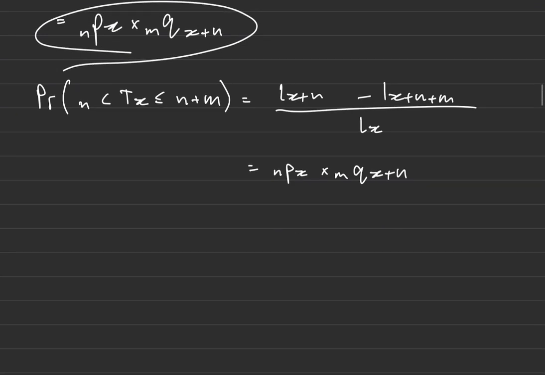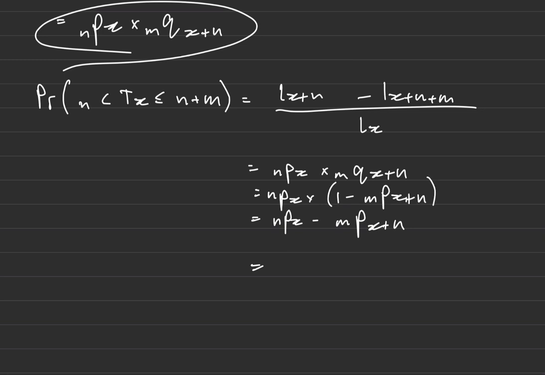Now, if I write mqx plus n as 1 minus mpx plus n, then, sorry, I skipped a step here, that was lazy, it would be npx times 1 minus mpx plus n.